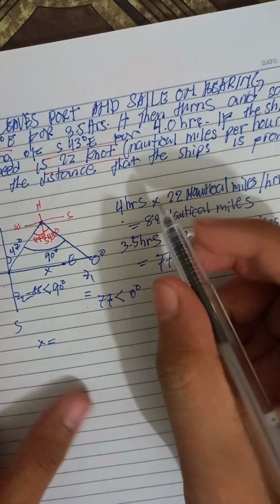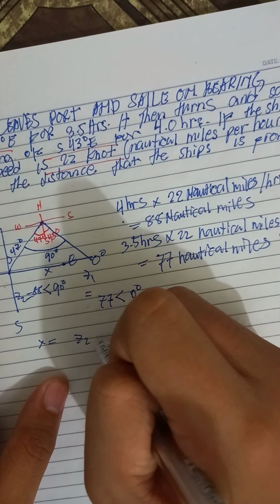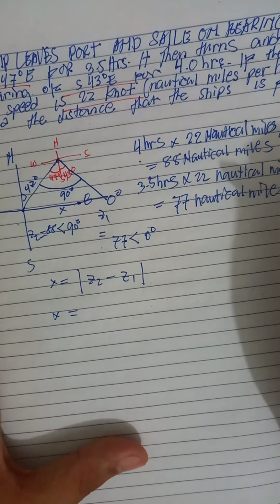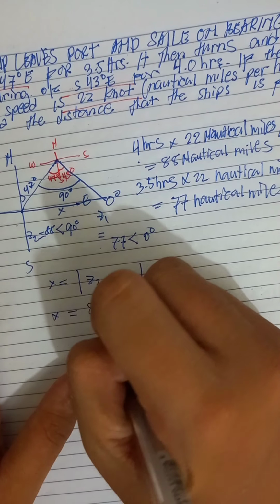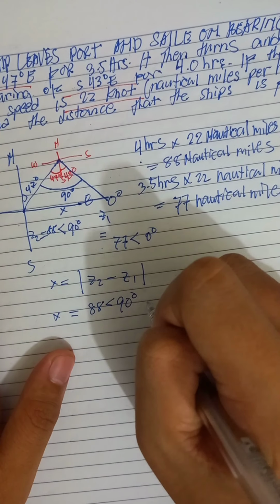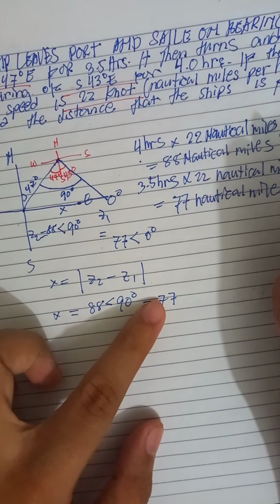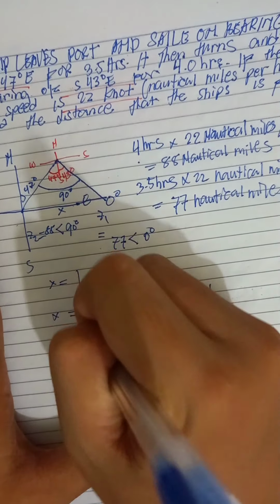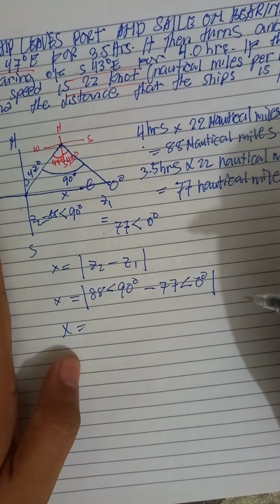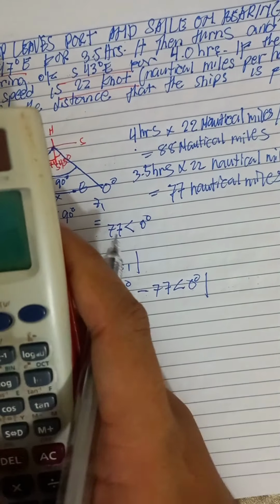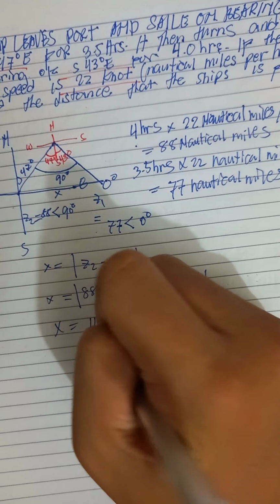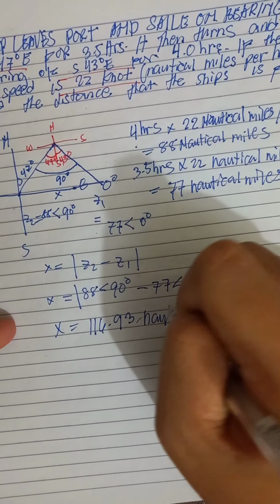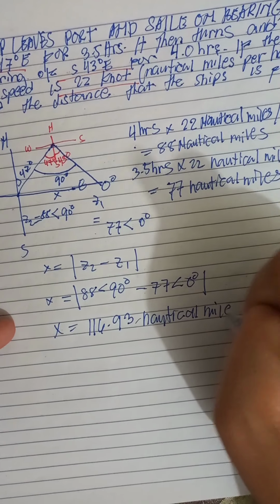So x equals z2 minus z1, equals 88 angle of 90 minus 77 angle of 0. So the value of x will be equal to 116.92 nautical miles.